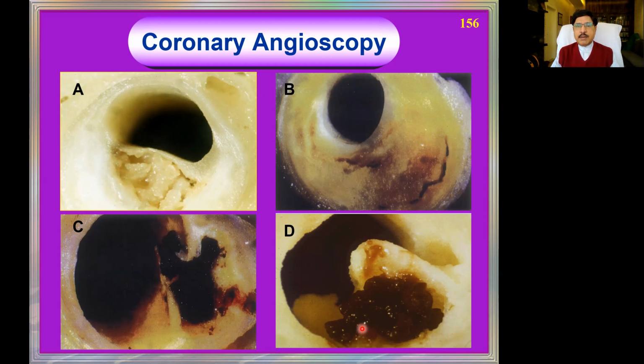Whereas in a massive rupture, the thrombus forms and itself occludes the whole blood vessel, which results in ST segment elevation myocardial infarction. These are the 4 different stages of disease, and they will occur in different courses of the disease also.